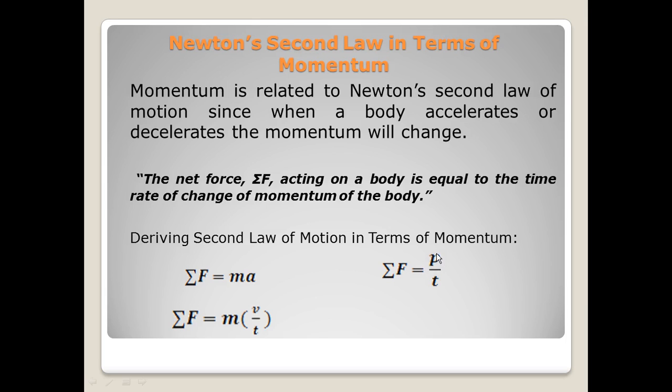So since this is momentum, the rate of change in momentum over time gives us the net force, an expression for Newton's second law of motion. Now, if the momentum difference happens between two specific values within a given interval, our change in p becomes p sub 2 minus p sub 1, or final momentum minus initial momentum.